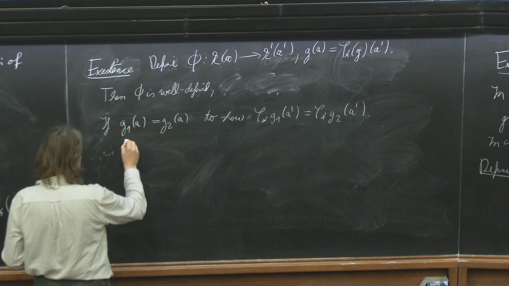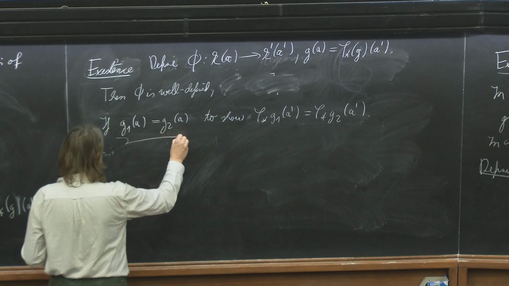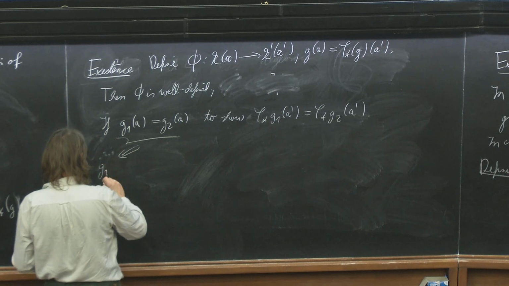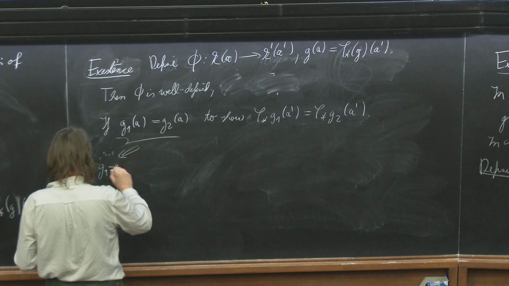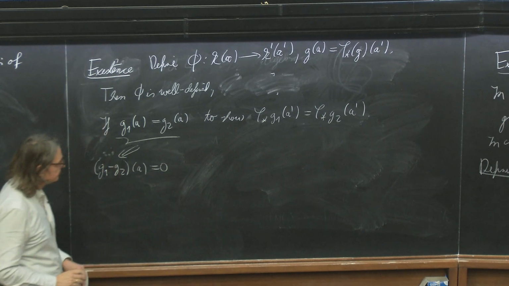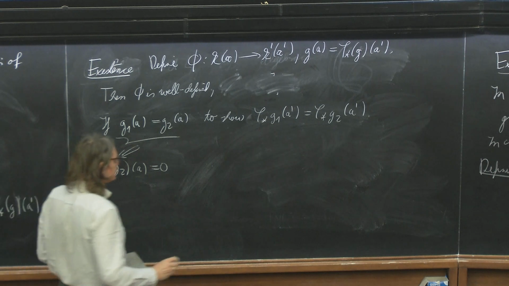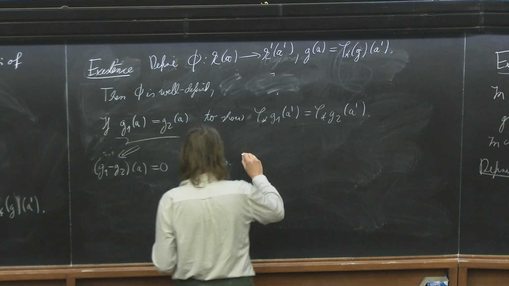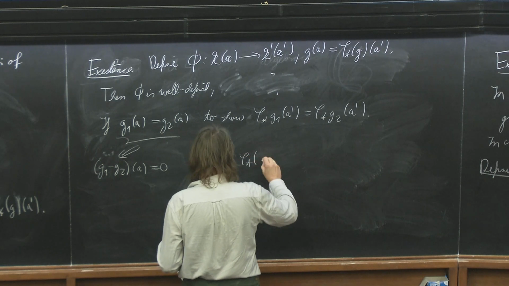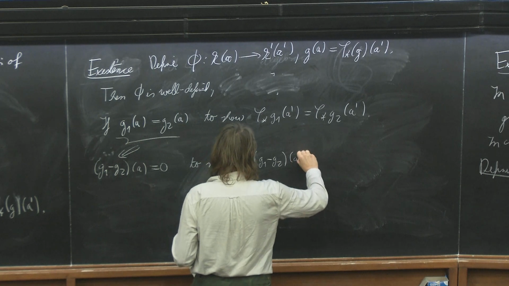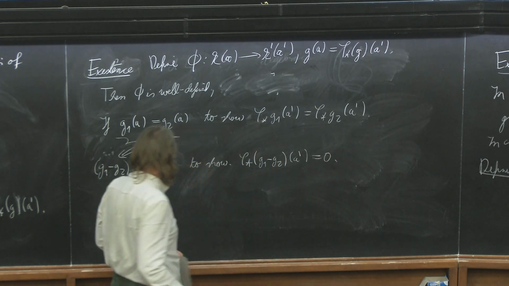But this means that g1 minus g2 of A is equal to 0. And then we have to show phi star of g1 minus g2 at A prime is also equal to 0 to get the well-definedness.